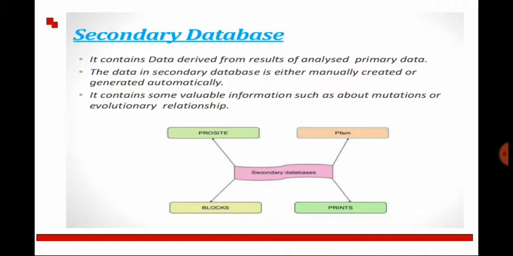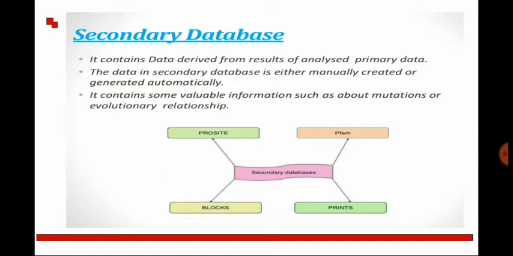In secondary data, the information is in the form of motifs, multiple sequences, and different patterns. Here, the example of secondary data is Swiss-Prot.